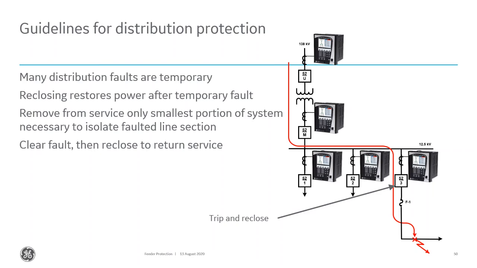We want to wait some time, and then re-energize the power system automatically, so that if the fault was temporary, once we've restored the line the fault is gone, and we can restore the loads in a very short period of time.